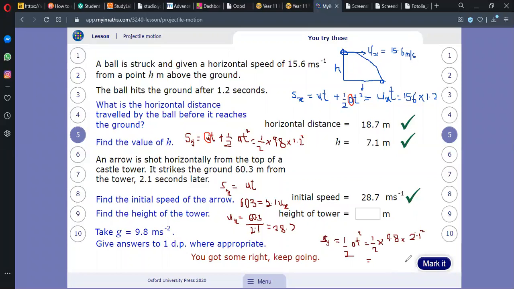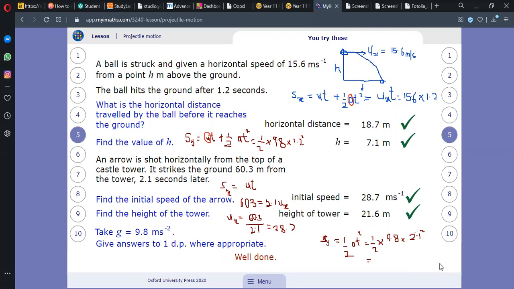You can simply quickly multiply 2.1 squared, then multiply it by 9.8, and then divide it by 2, half of that, so that you land yourself on 21.6 meters. So quickly put that in, 21.6 meters, and we have that correct.